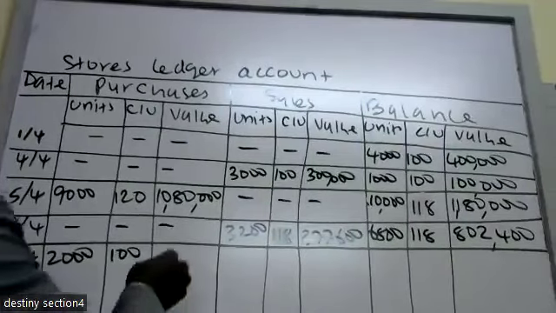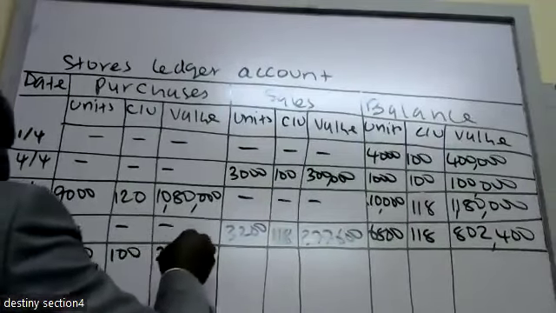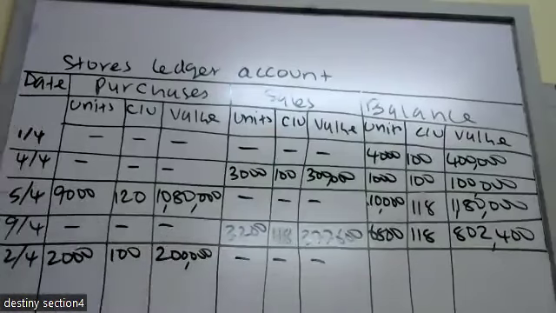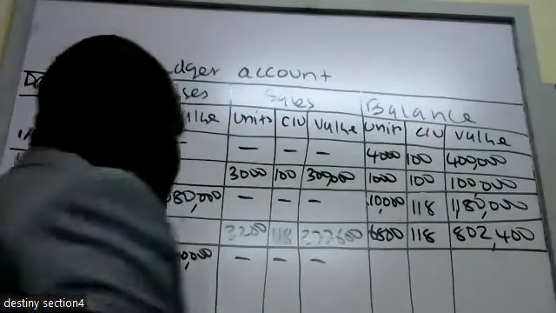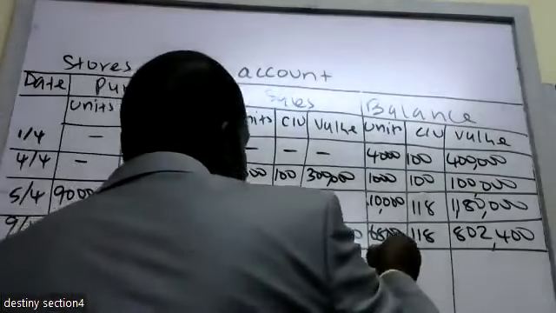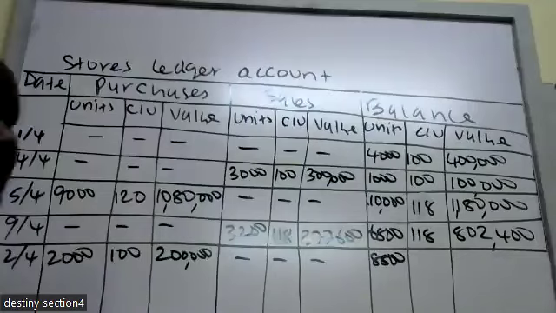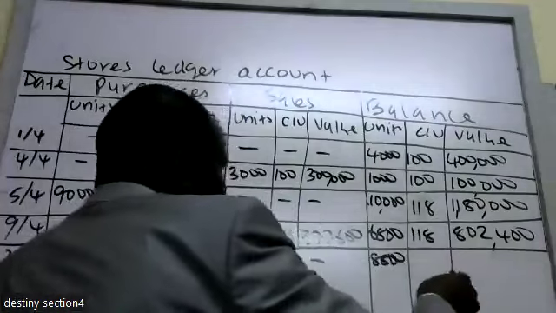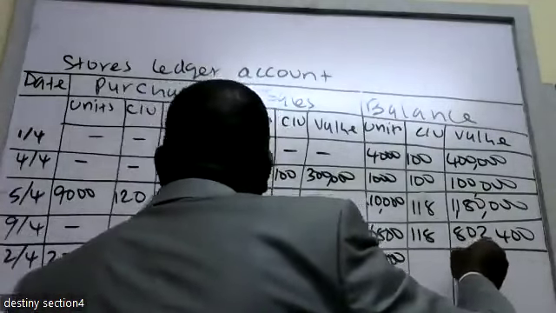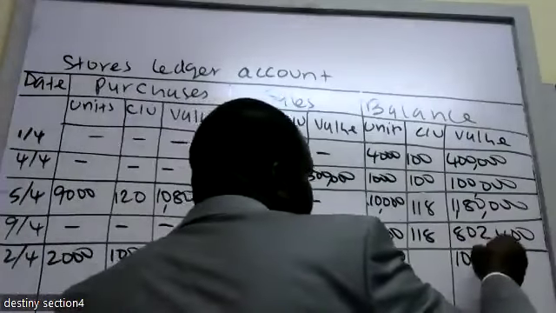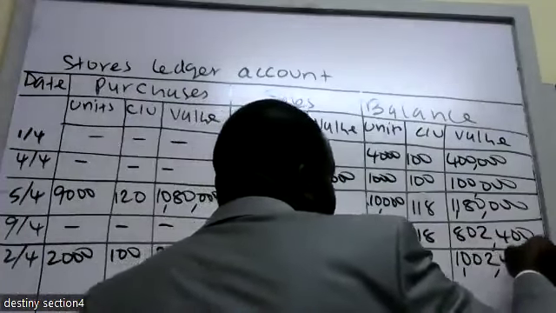So this one will be, when you add 6,800 plus 2,000, 8,800. Then also get the cost per unit. So you also add this one plus this, 1,000,200 plus 1,002,400.